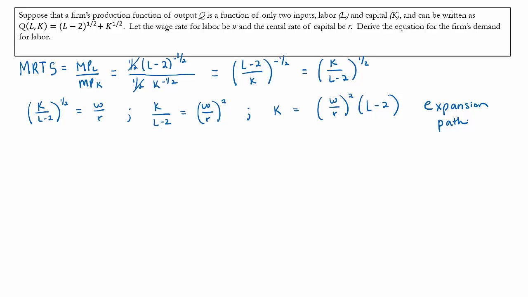The next step is to plug this expansion path back into the production function to then solve for labor. So we take the production function and then take the expansion path from step 2 into the production function. Let's see what that looks like.